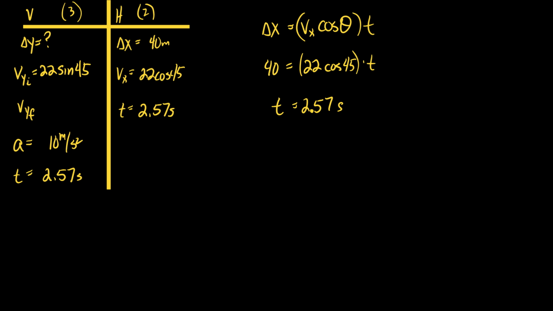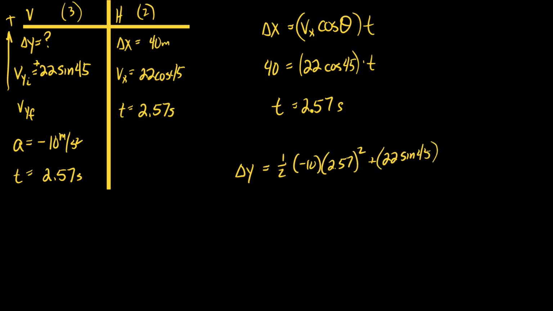If we choose up to be positive, that means this will be positive and this will be negative. Alrighty. So going on, delta y equals 1/2 times -10 times 2.57 squared plus 22 sine 45 times 2.57.